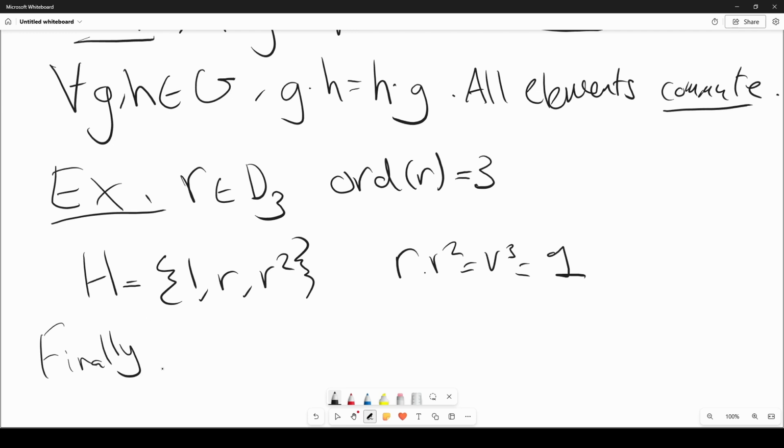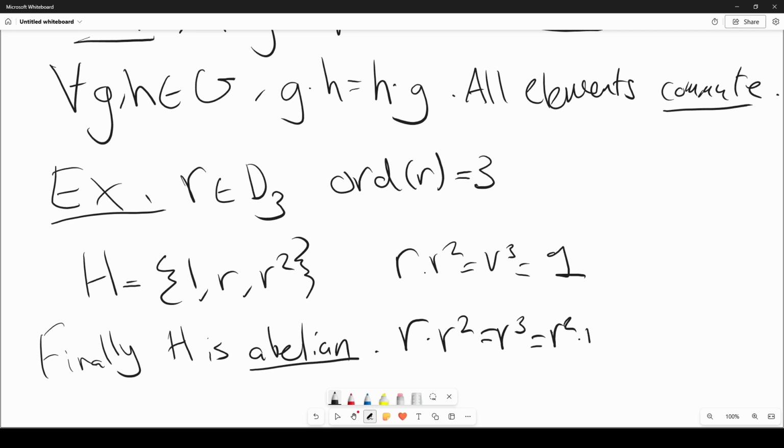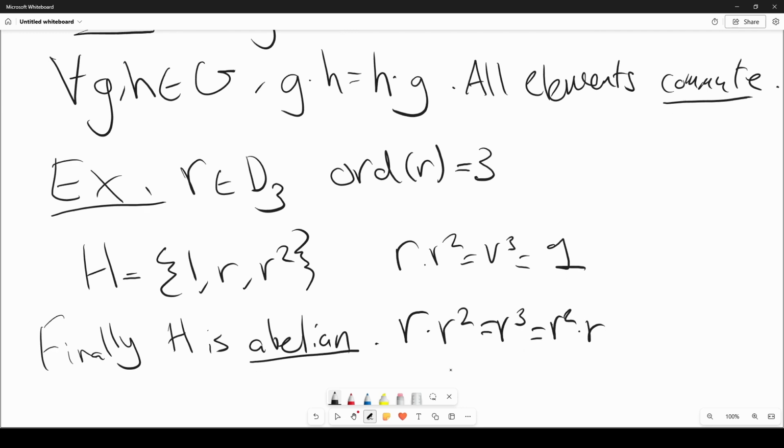Finally, you should see that H is abelian. Okay, why is this the case? Well, let's just try some of the elements. If I take r times r squared, I get r cubed. But this is the same thing as doing r squared times r. So maybe you see why it's abelian.